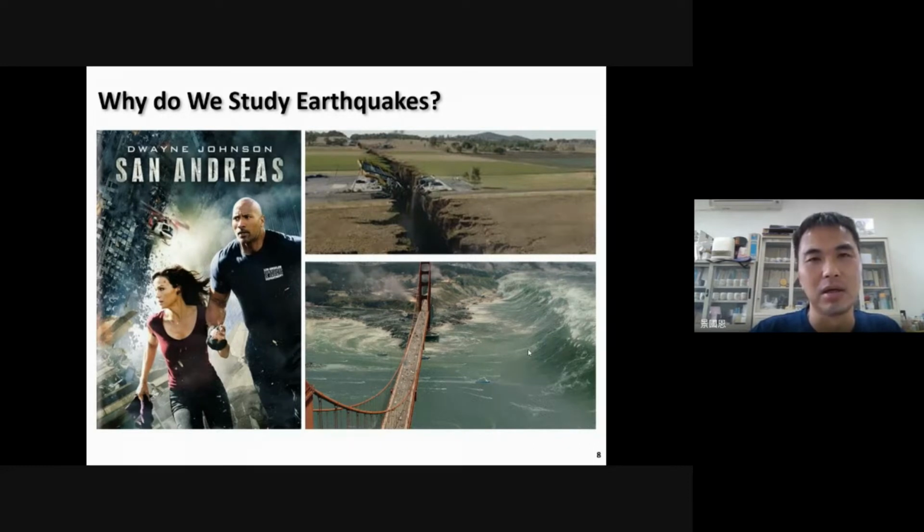So to achieve our purpose, we need to understand how we evaluate the probability of the earthquake, or what the concept of earthquake prediction is. Then we will know what kind of information we need for the active fault study.